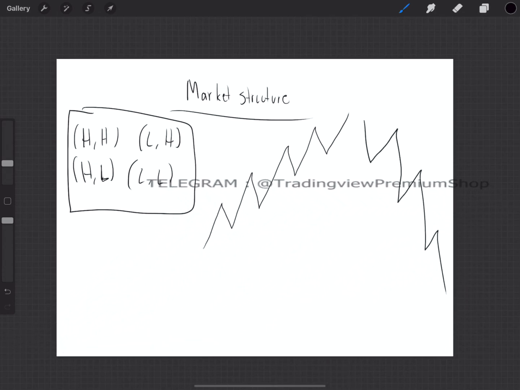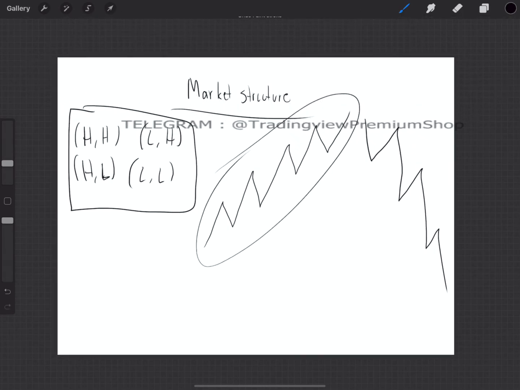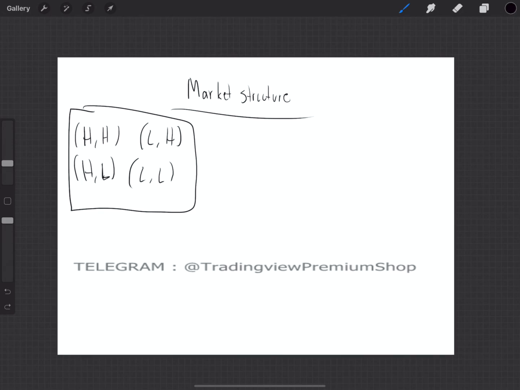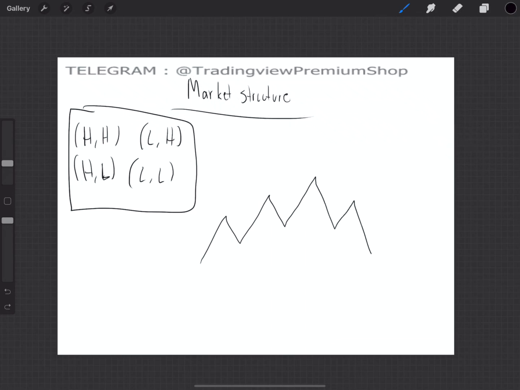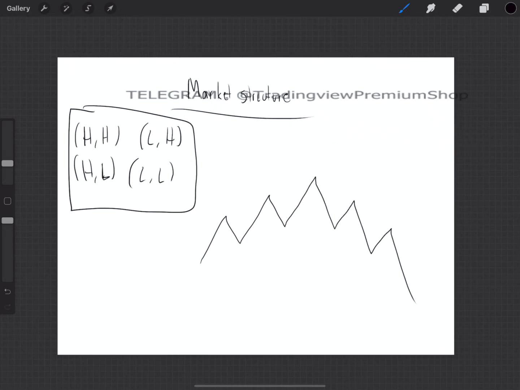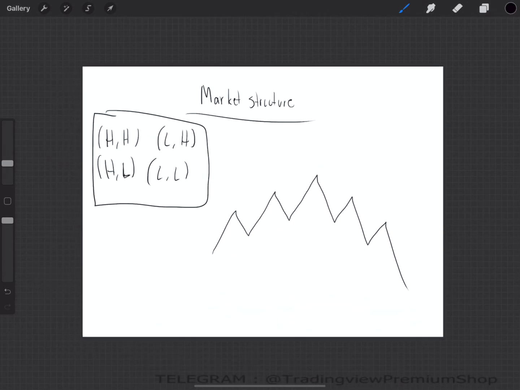Alright, so that's your uptrend on this side, and this is your downtrend. Pretty much when you put those two together, you'll see this. Alright, so in this case, as I've drawn right here, you're going to see these points, and I'll break it down for you guys.